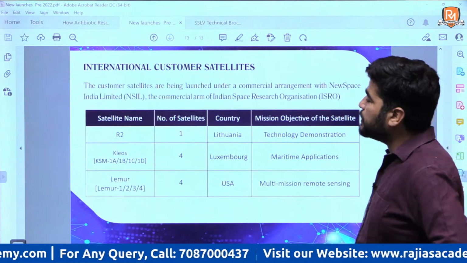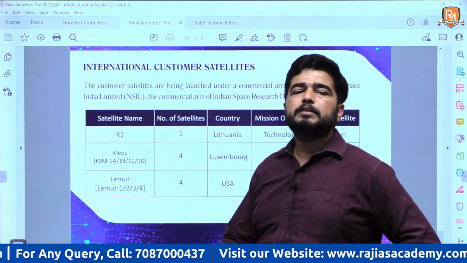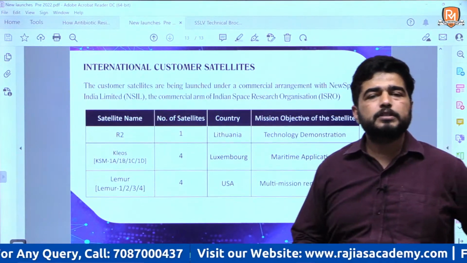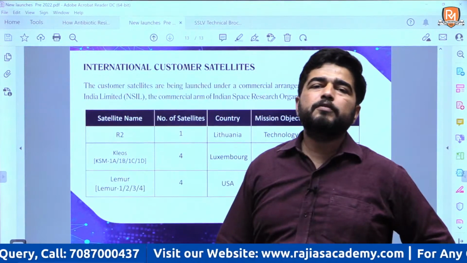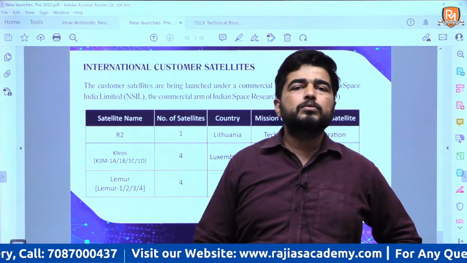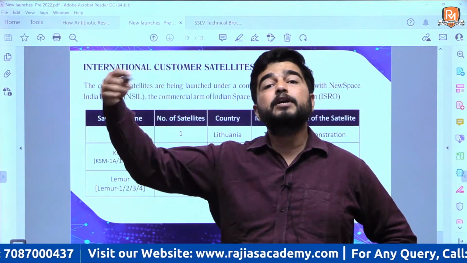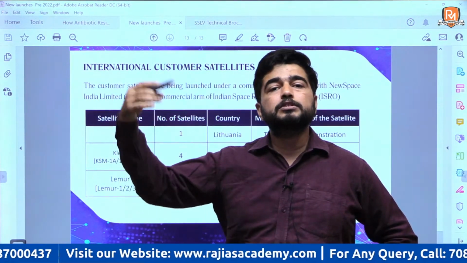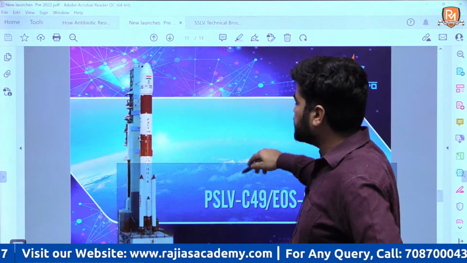Some were from USA, some from Luxembourg and one from Lithuania, and some were from different universities or experimental satellites of India. PSLV has the capability to launch multiple payloads in different orbits. Very few countries have this facility.